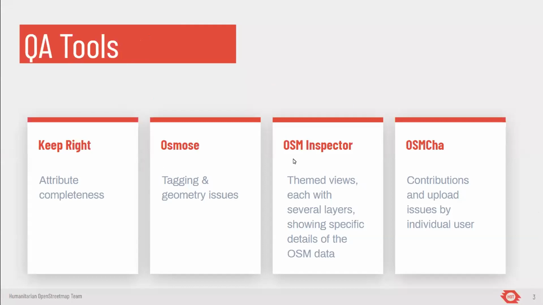We have Keep Right. This is just a brief description of them. Keep Right is about attribute inconsistencies, then Osmose looks at tagging and geometry issues, and then you have OSM Inspector that views the themes of different layers and the issues related to them.